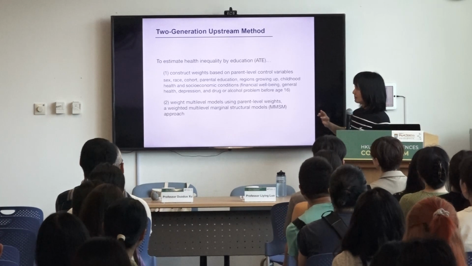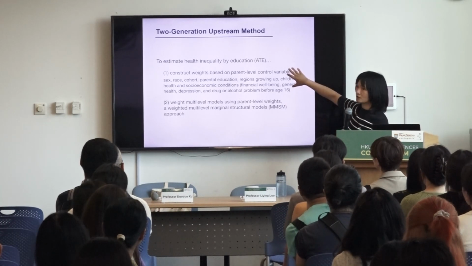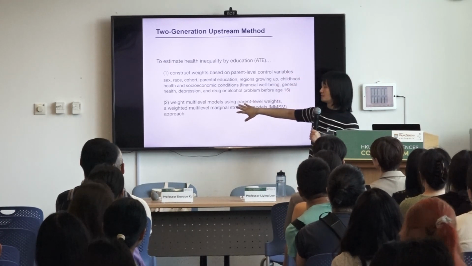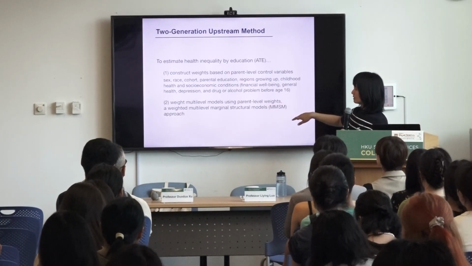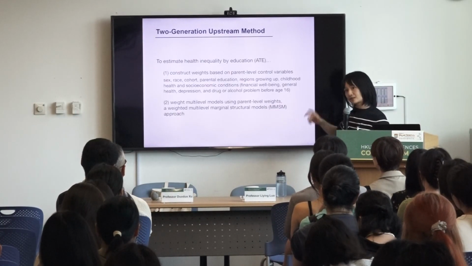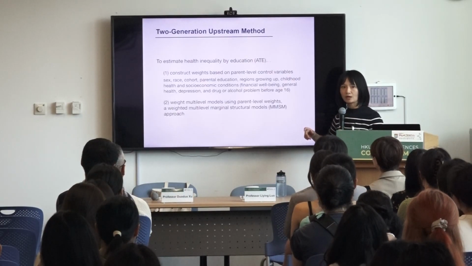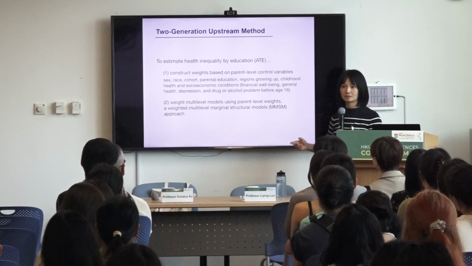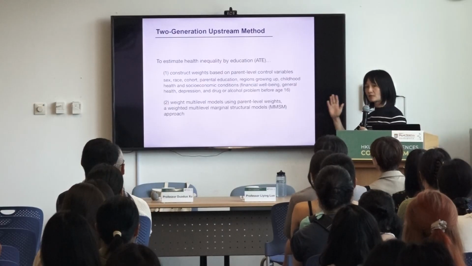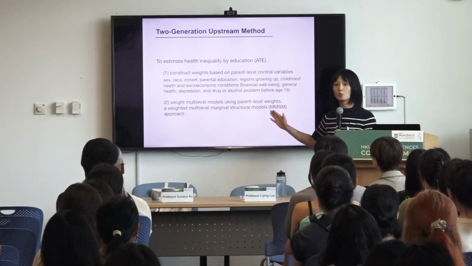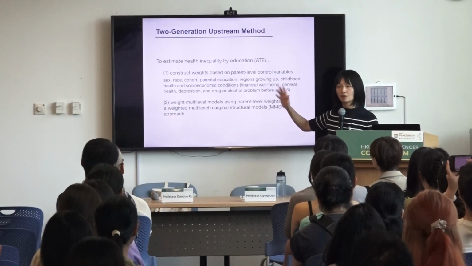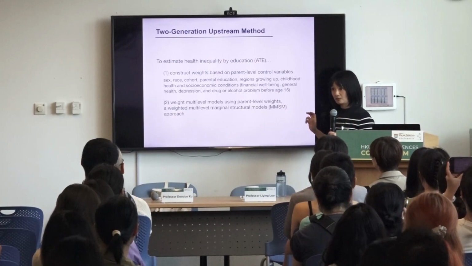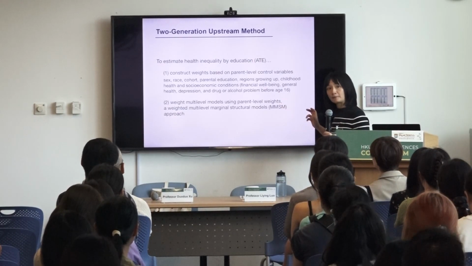The next step is to use those weights, constructed in step one, to weight multilevel models using parental-level weights. This approach gives us a better estimate of the educational inequality in health among parents. Note that we don't control for children's education or children's pre-education variables, because all these are post-treatment, or post-parent-education, variables.